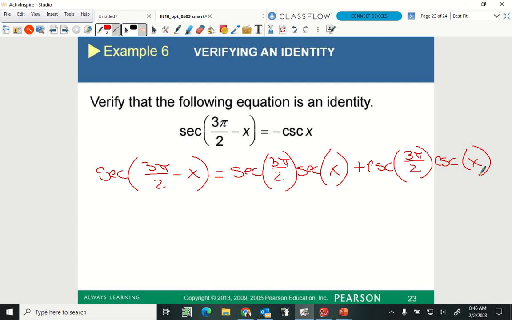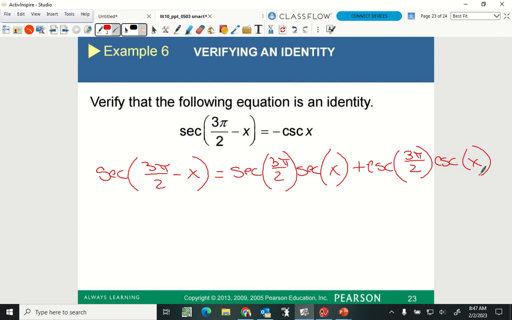Now, serious question. Put your finger at 3 pi over 2, right there in the bottom right of the unit circle. So put your finger on 3 pi over 2 so we know cosine is going to be the x. Sine is the y.